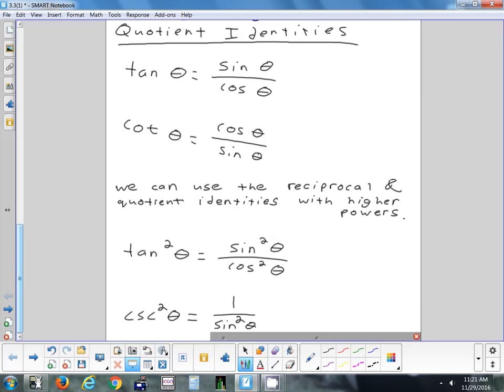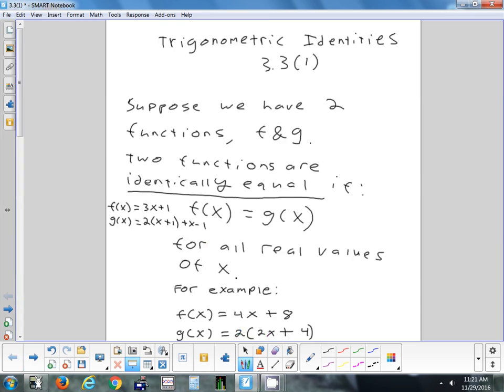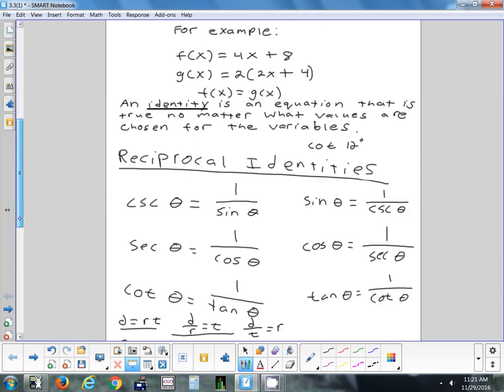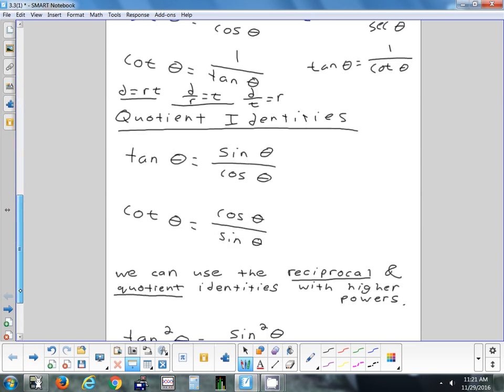Again, we don't go much higher than 2. But I just wanted to mention that the quotient and the reciprocal identities can be used with higher powers. Okay. Any questions on those identities? Reciprocal and quotient.